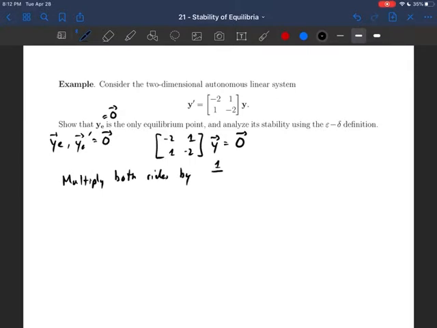So now all we have to do is multiply both sides by the inverse. This is an invertible matrix.